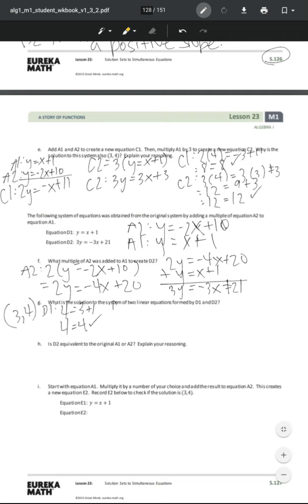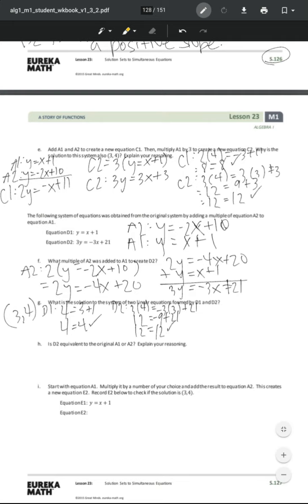But now let's look at D2. Plugging in (3, 4): 3 times y, which is 4, equals negative 3 times 3 plus 21. So 3 times 4 is 12, equals negative 3 times 3 is negative 9, plus 21, which is 12.